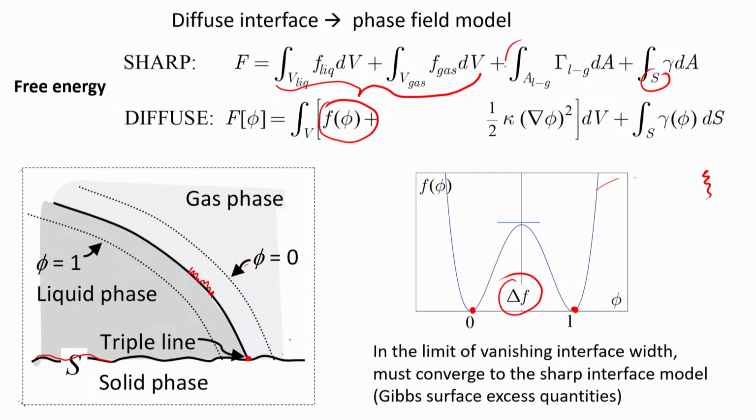This integral is taken care of by my square of the gradient term as before, right?